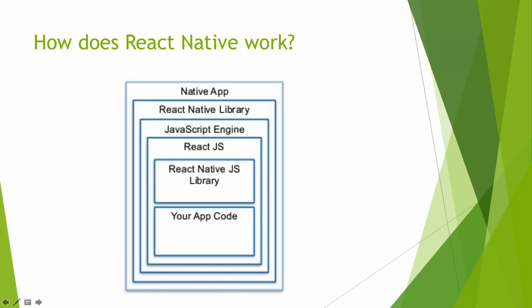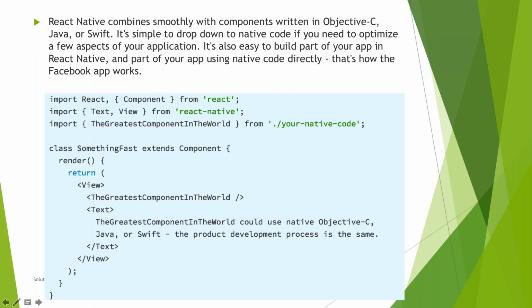So this is the actual structure that you'll see of how a React Native application is created. You see here that there is something called your app code. This is the code that you will write, like how we are seeing here, that is a view, there is a text. Similarly, you can have multiple components being called inside this, same as React.